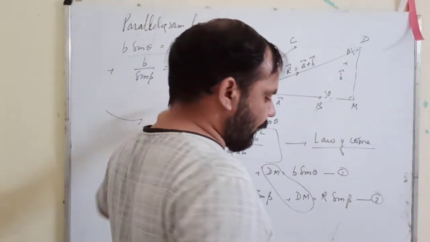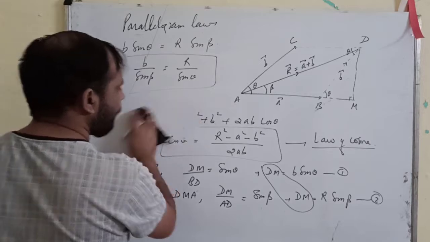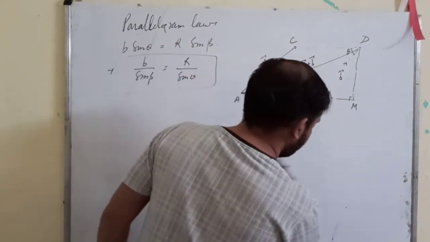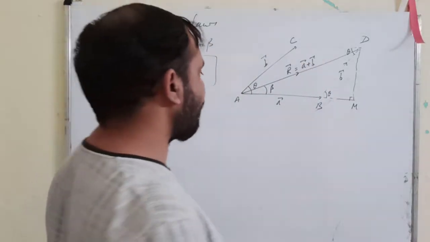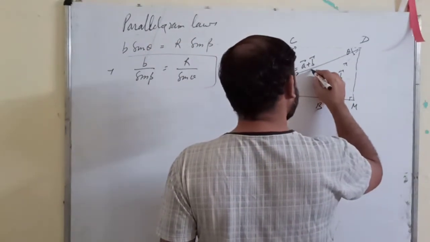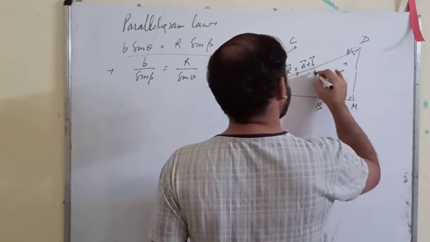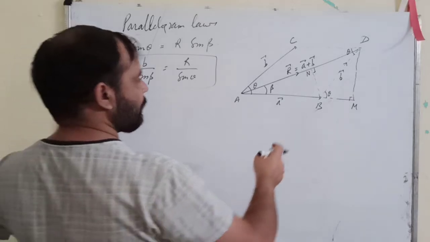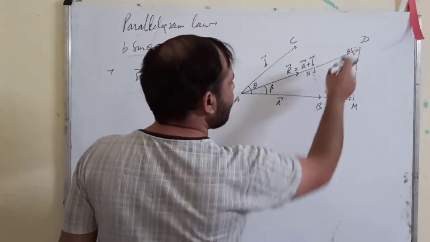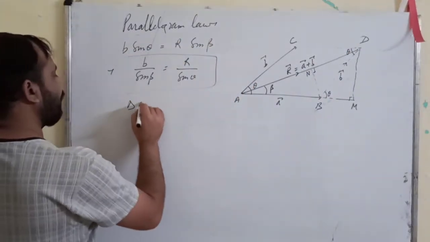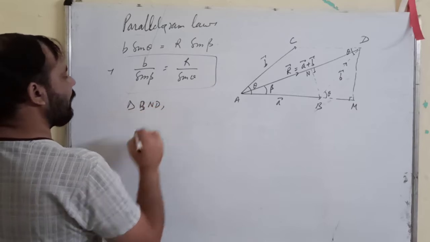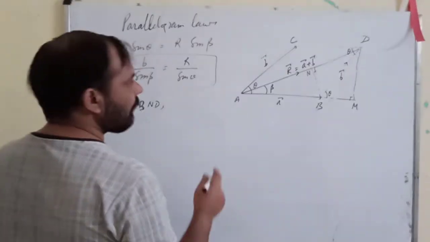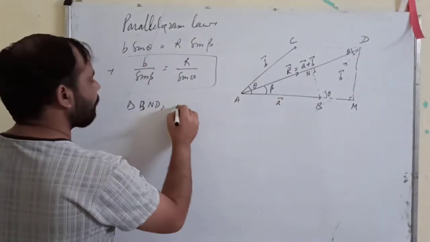Okay, now again, I will draw a perpendicular from B here. Let us suppose that it is N, and now I will take this triangle BND. In this triangle BND, how much is BN upon BD?